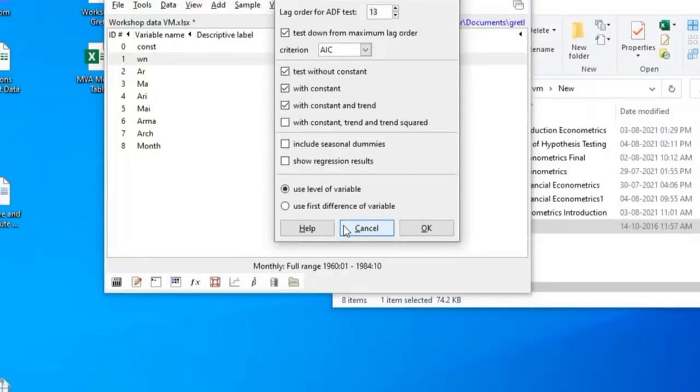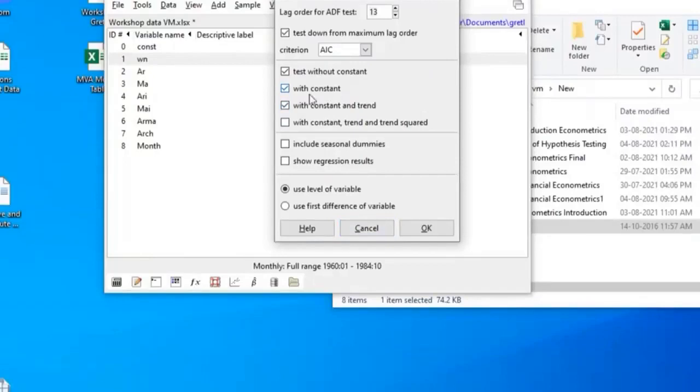If there is no trend, then test without constant. But remember the fourth option, what is it? With constant, trend, and trend squared. If there is a trend, then these two cases we have to use.